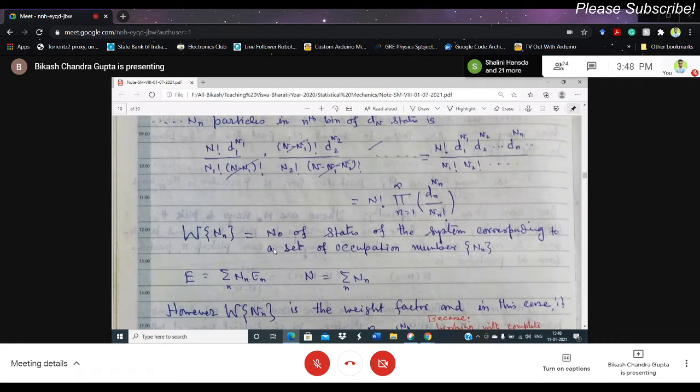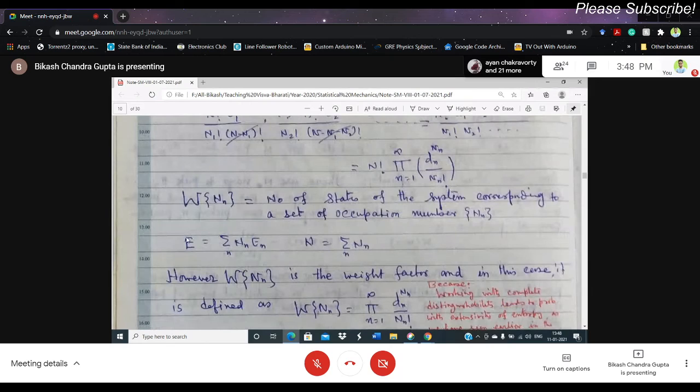This is the number of states of the system corresponding to a set of occupation numbers nn. What does this set mean? It means you have a set n1, n2, n3, n4, and so on. You can have yet another set n1 prime, n2 prime, n3 prime, and so on, such that the total number, the sum over nn, has to be equal to n. And of course, E should be the sum over nn en, because nn particles are occupying the state with energy en, n1 particles are occupying the state with energy E1, and so on.